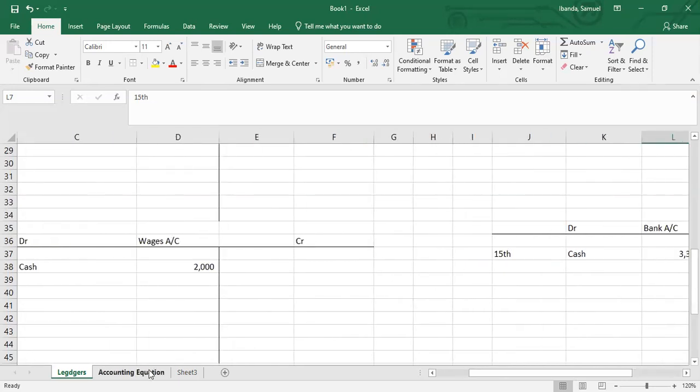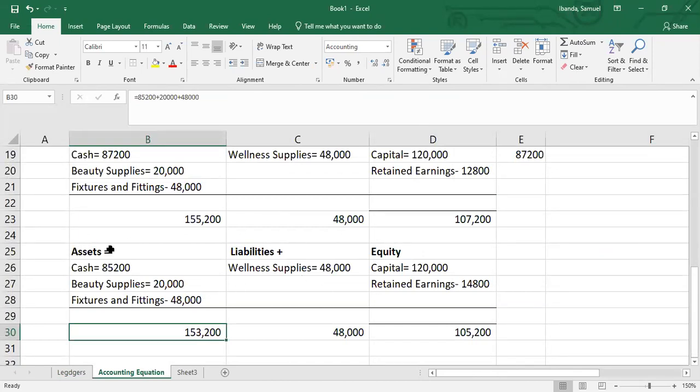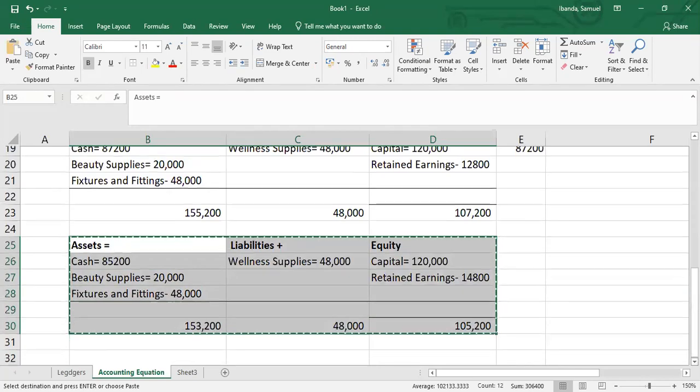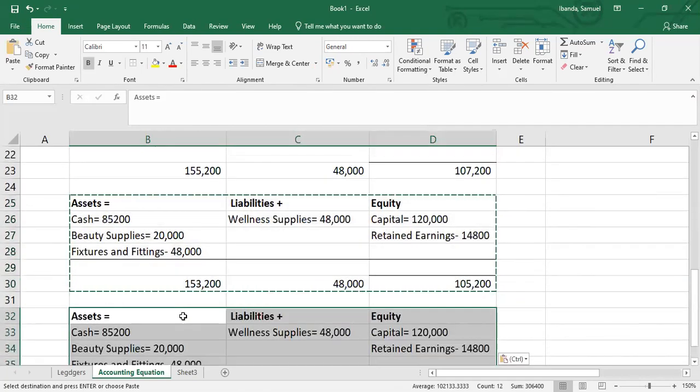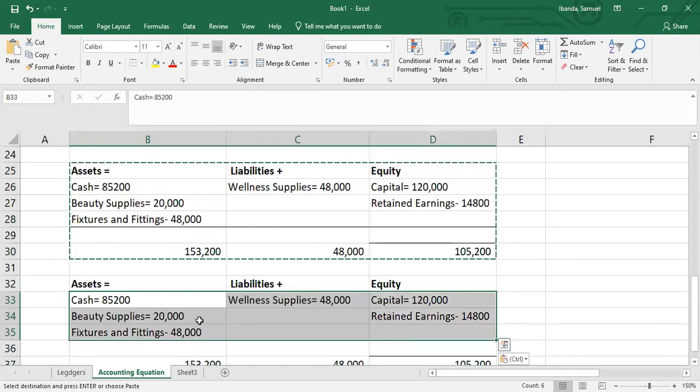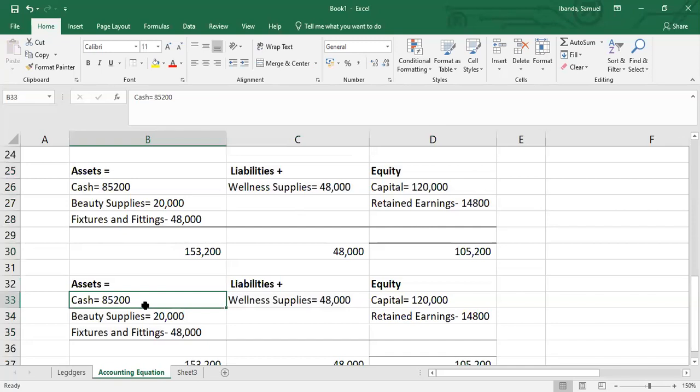Now when it comes to the accounting equation, I'll just pick this as it is. Of course, you should only pick the headings. Does this affect my cash?